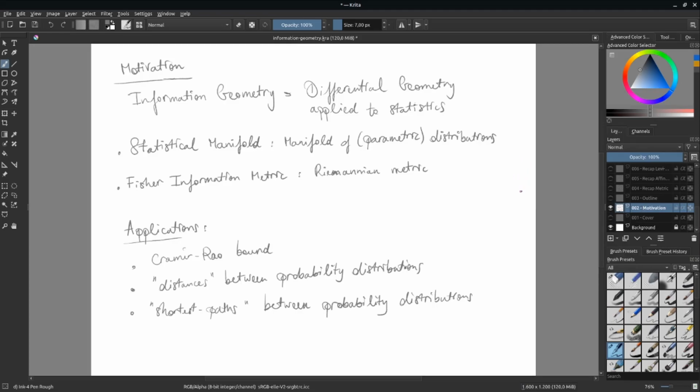So, the motivation for why we should care or want to try to apply differential geometry to statistics. Roughly, the idea is that we want to be able to take a space or a family of distributions, specifically parametric distributions, for example the normal distributions, and talk about it as if it were some kind of space, specifically a manifold.